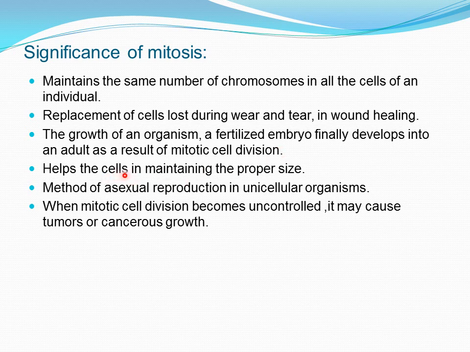It helps the cell in maintaining the proper size, and it is a method by which asexual reproduction in unicellular organisms happens. And if a mitotic cell division becomes uncontrolled, it may cause tumors or cancerous growth. Now this is all about the main significances of mitosis.